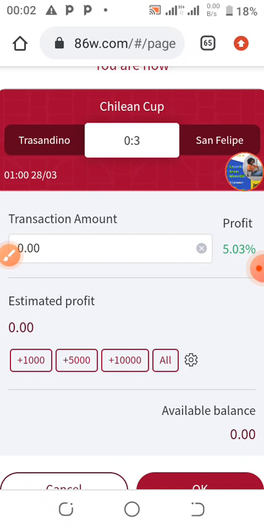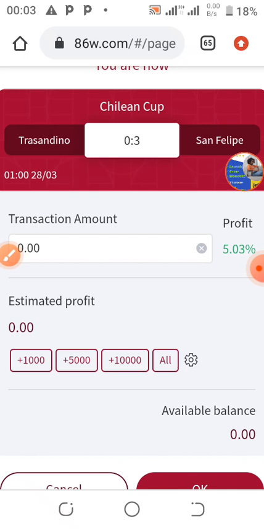By the time this match is over, if the final outcome of this match is not 0-3, I've won it. I win it by the percentage, like you can see, the percentage is 5.03. That's what it is. Now, let me show you something. A lot of us who do betting know it.